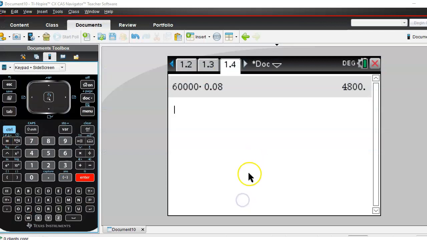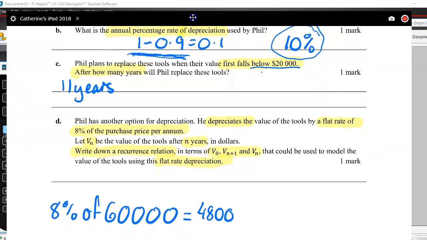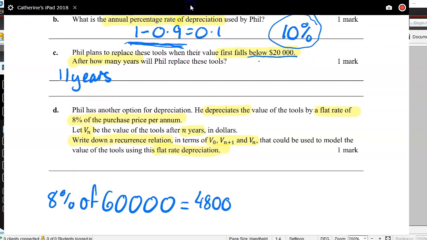So that means every year it's going to go down by 4,800. So V0 equals 60,000. Vn plus 1 equals Vn minus 4800.